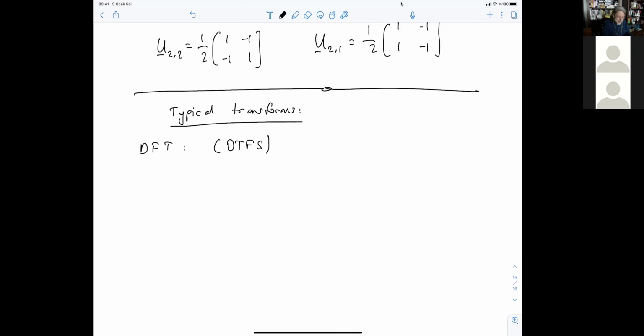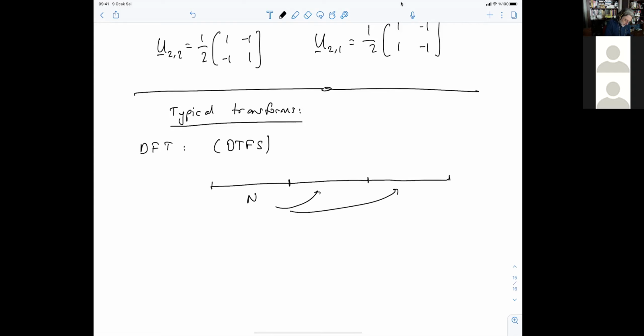So we have a length N sequence, for example, and then we make a periodic replica of that. Okay, infinite periodic extension. So it becomes periodic. It is periodic with capital N.